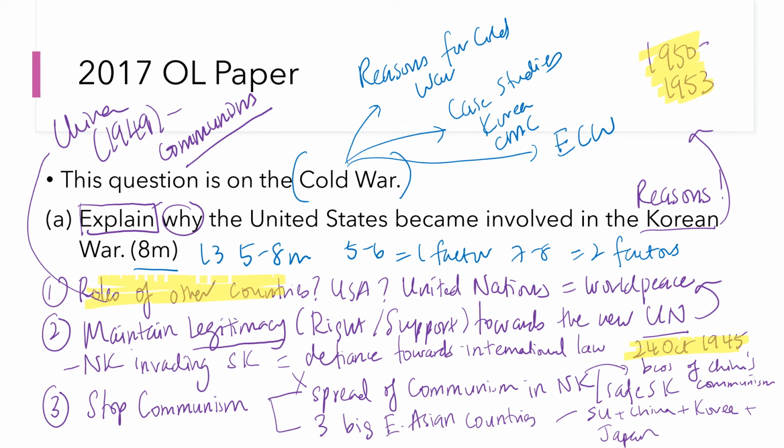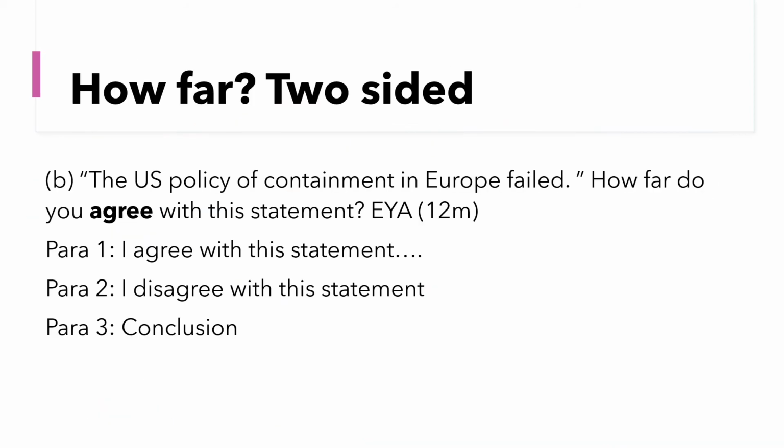All right, now moving on. So again, when you have questions that is 'how far', it is really about ensuring that you have two sides of everything. Okay, and definitely it is to ensure that you are able to reach at least a level 3.